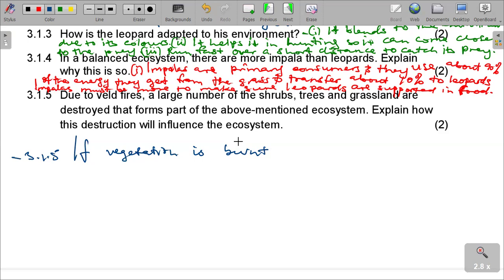all the animals would suffer. All animals would suffer. There won't be food for primary consumers and they will all die out. This would therefore result in what? In all the secondary and tertiary consumers being also affected.